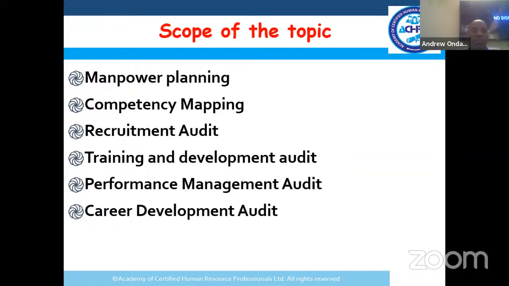On training and development, we are going to look at the effectiveness of this function, particularly with the various components that are related to training, and try to link training with 1, succession planning, 2, career development, 3, performance management, and 4, compensation.